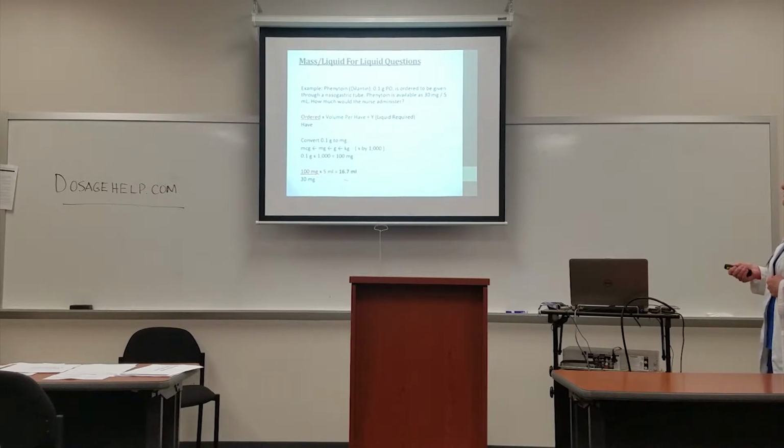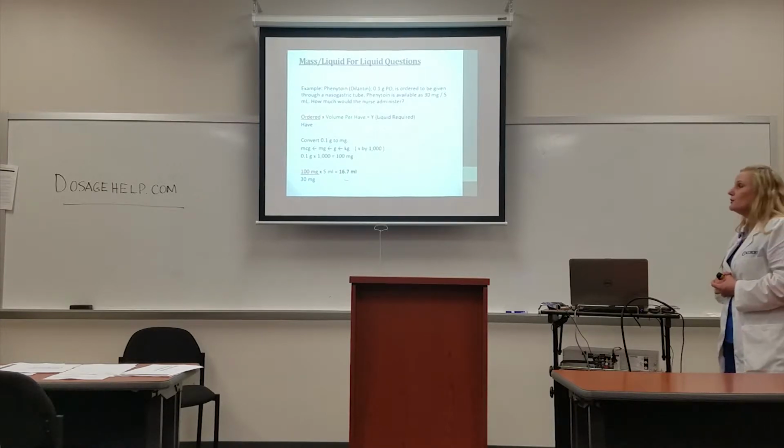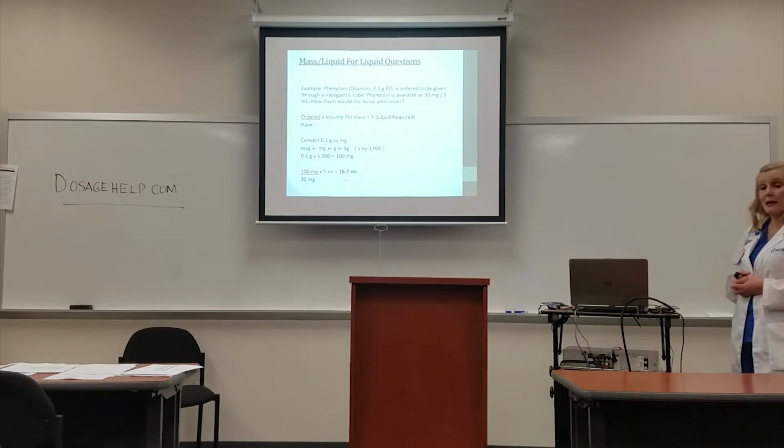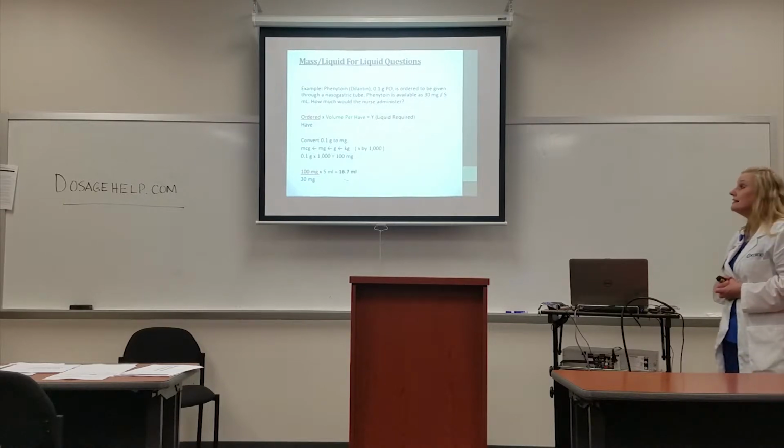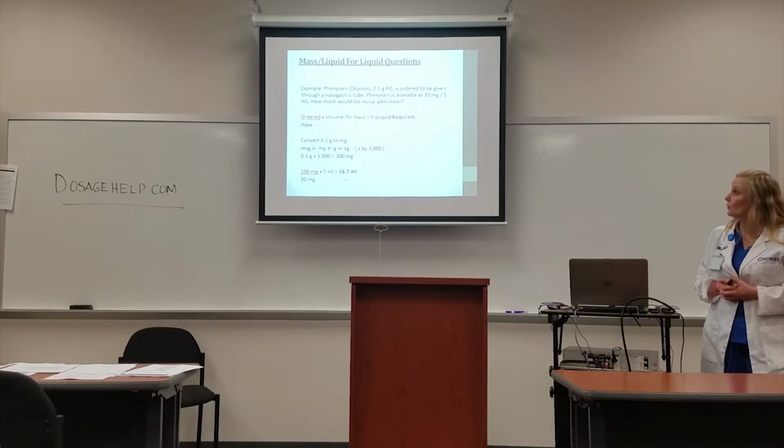So I have 100 milligrams, and I'm going to divide it by 30 milligrams, and then multiply it times 5 mLs, just the way my formula states, volume per half. That is my volume: 5 mLs is in 30 milligrams. And then I get my answer: I'm going to administer 16.7 mLs.